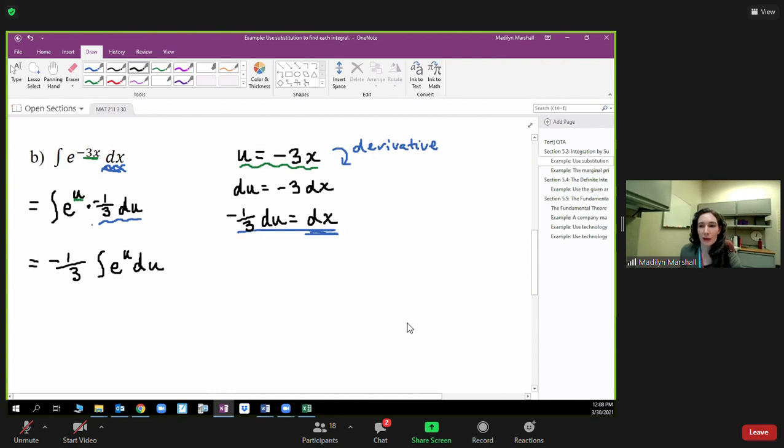And anytime we have just a constant multiplied inside the integral, that can move to the outside. So that -1/3 is just going to multiply with whatever comes out of the integral.